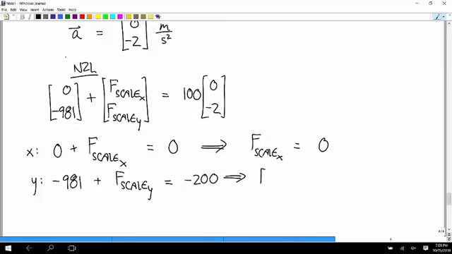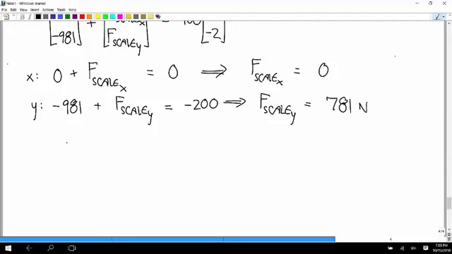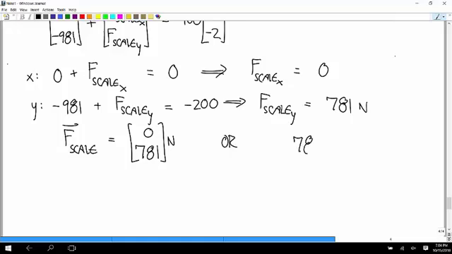Solve for F scale Y, and you get positive 781 newtons. So if you write this as a force vector, the force applied to the man by the scale is 0, 781 in newtons. Or another way to think of that is 781 newtons up.